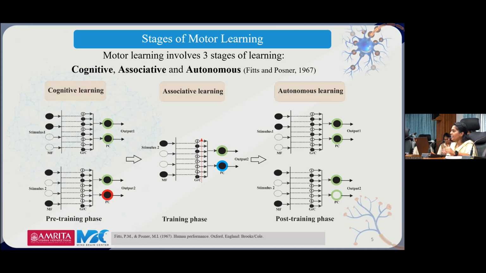In the second phase, the training phase, it is called the associative learning, where the errors are corrected. And the last phase, the post-training phase, is called the autonomous learning, and that is when you say that this model is trained.